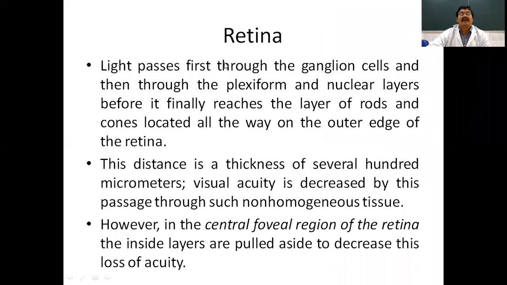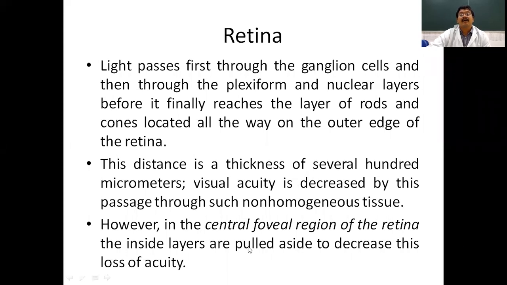If you look at the retina, the light passes through the ganglion cells and then through the plexiform and nuclear layers before it finally reaches the layer of rods and cones located at the outer edge of the retina. Because of these several hundred microns, visual acuity is decreased by passage through these non-homogeneous layers.